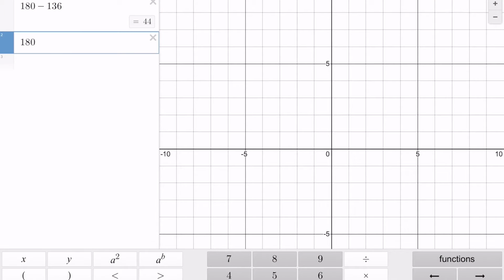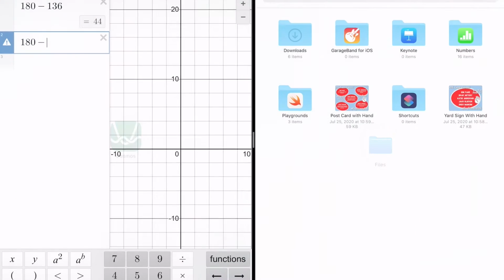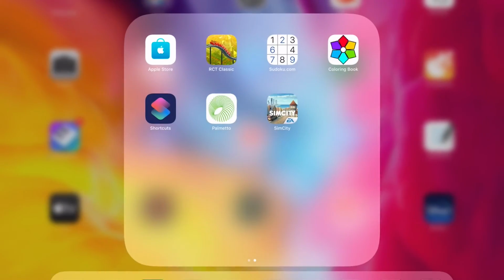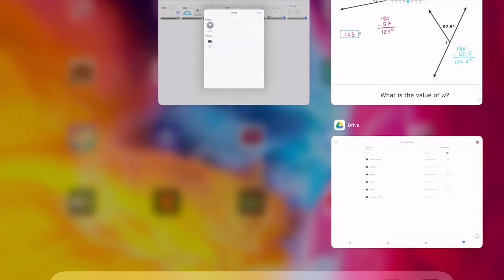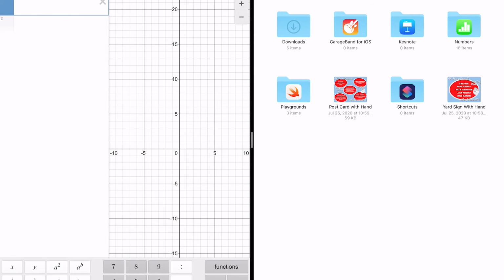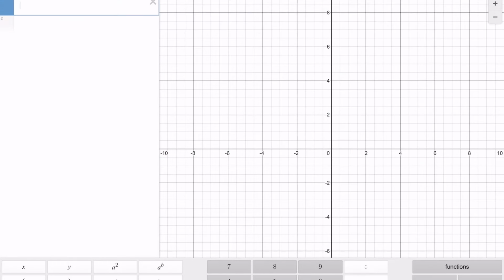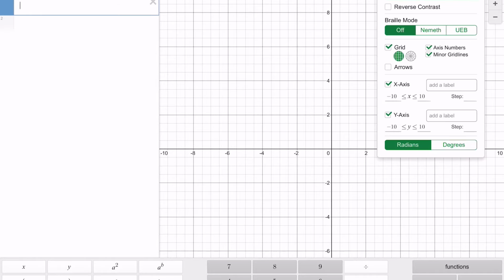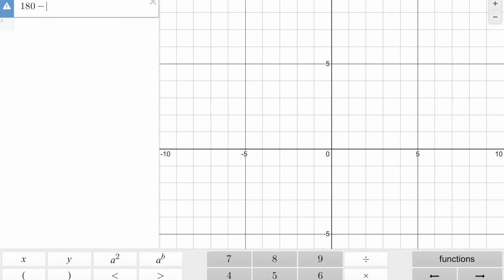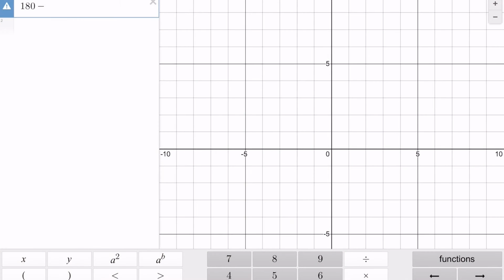So 180 take away 57.5, and we get 122 and a half.